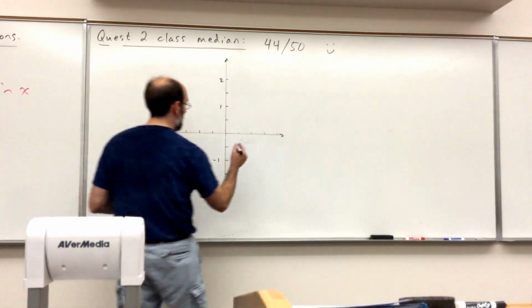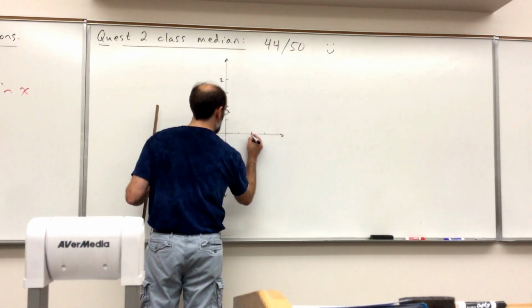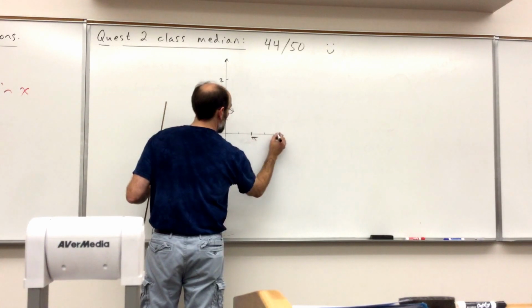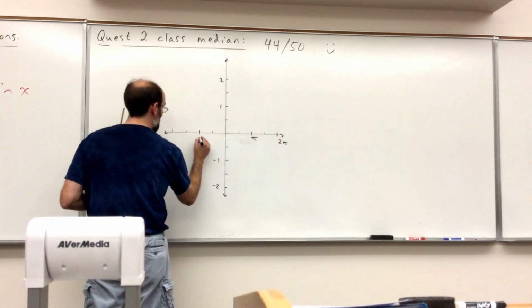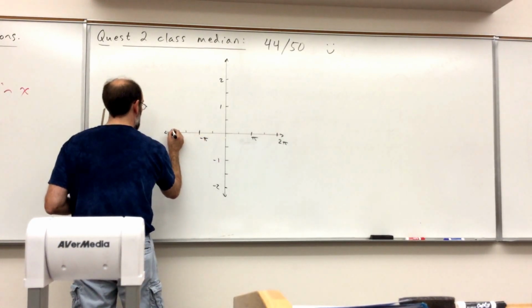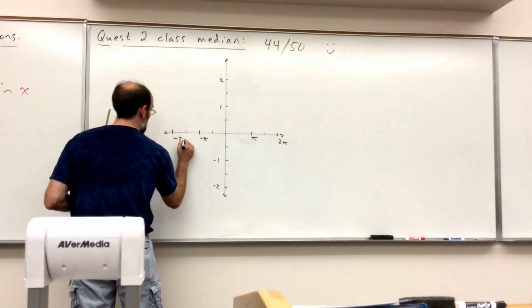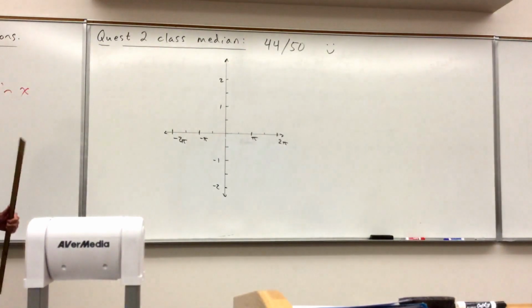So then I have, let's say this is pi, this is 2 pi, minus pi, minus 2 pi. Okay?